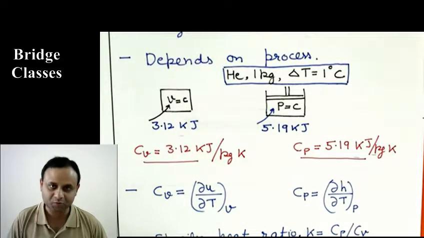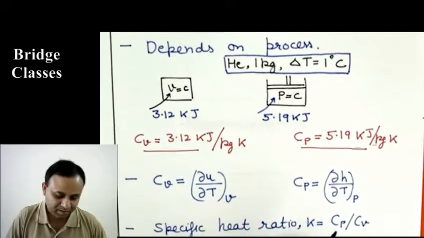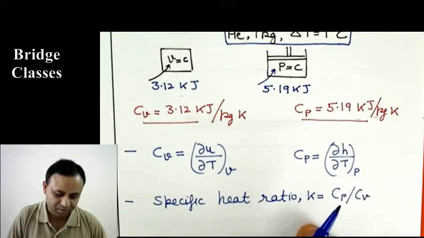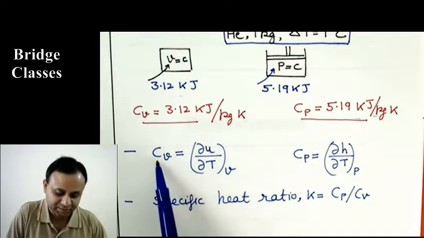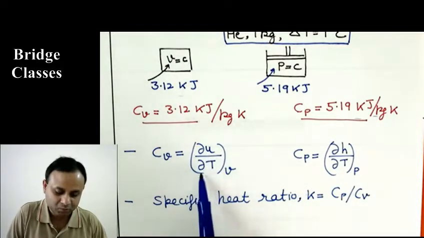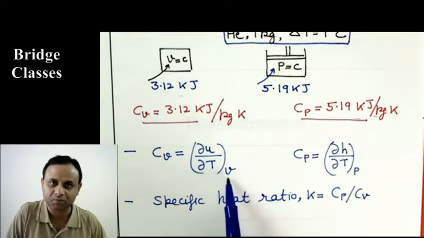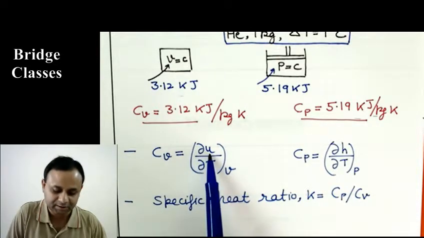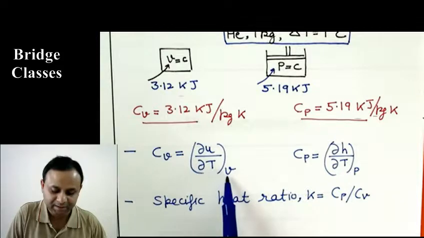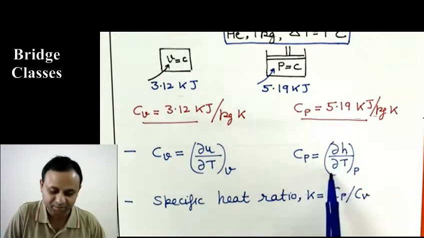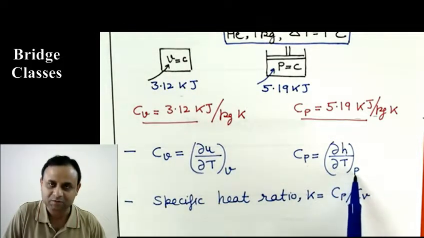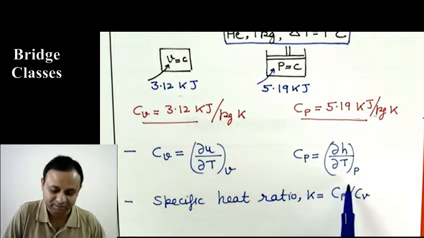Okay, so I'm going to clarify that, and I'll also show that we get this equation for Cv. Cv is del U del T at constant volume, so change in internal energy with change in temperature at constant volume. Cv is that. And Cp is change in enthalpy with change in temperature at constant pressure. I'm going to derive this briefly.